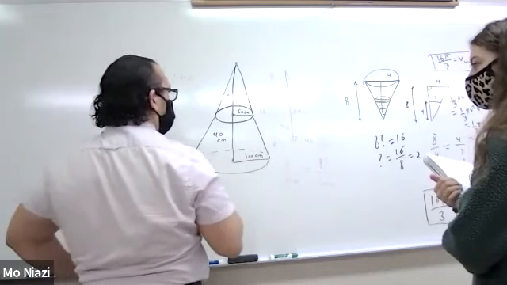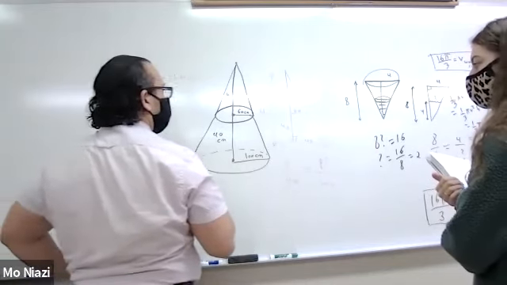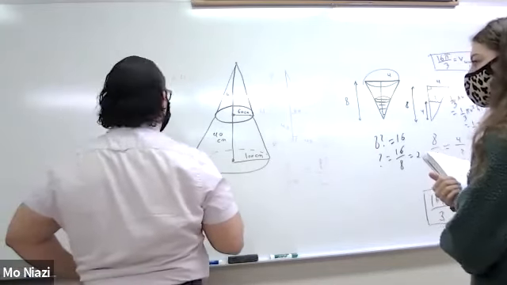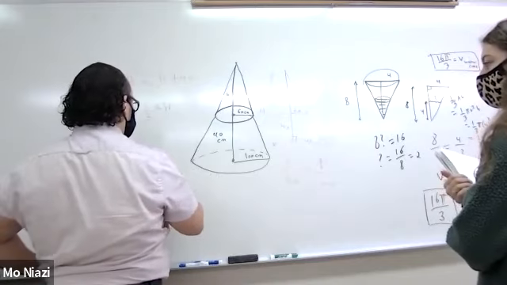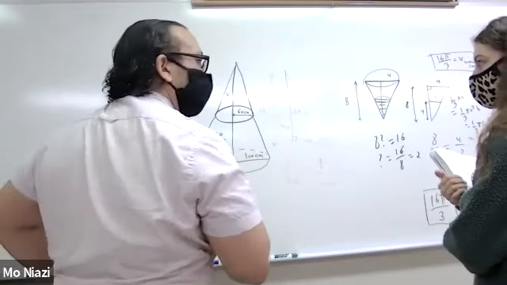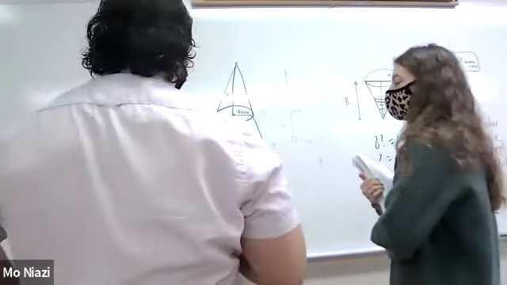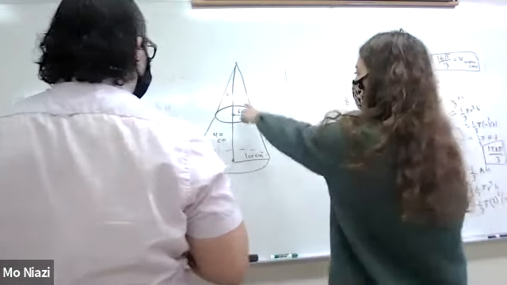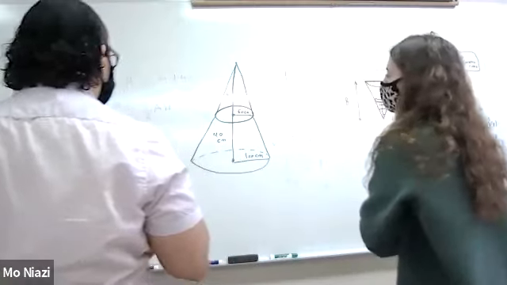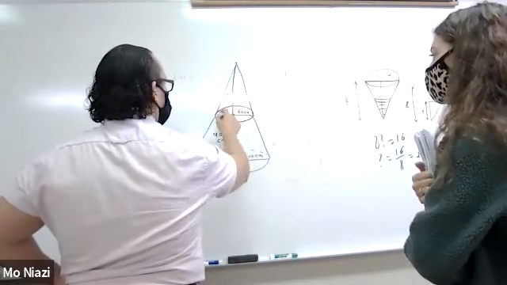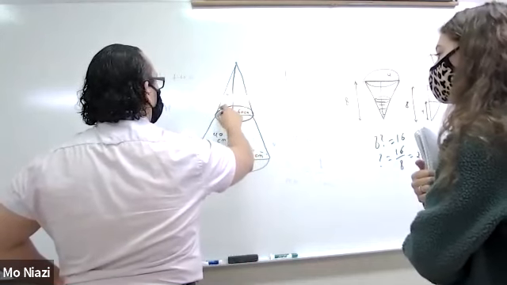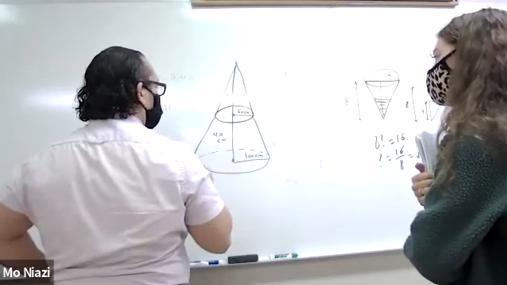Volume of the little cone would be what? I'll call it little a, little h. Okay. So we know, little a forms this with this radius, this area, pi 60 squared.